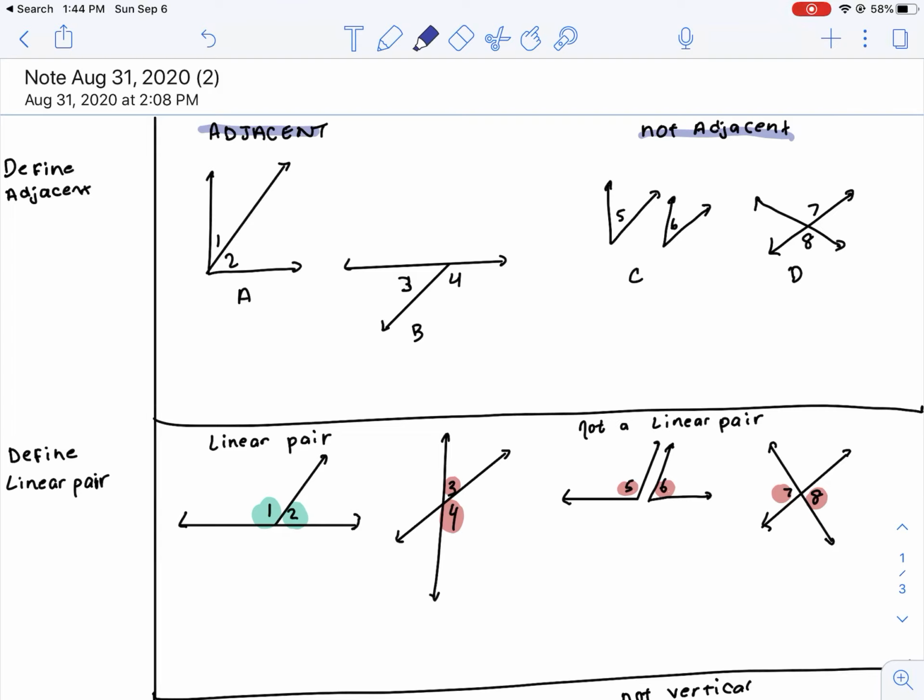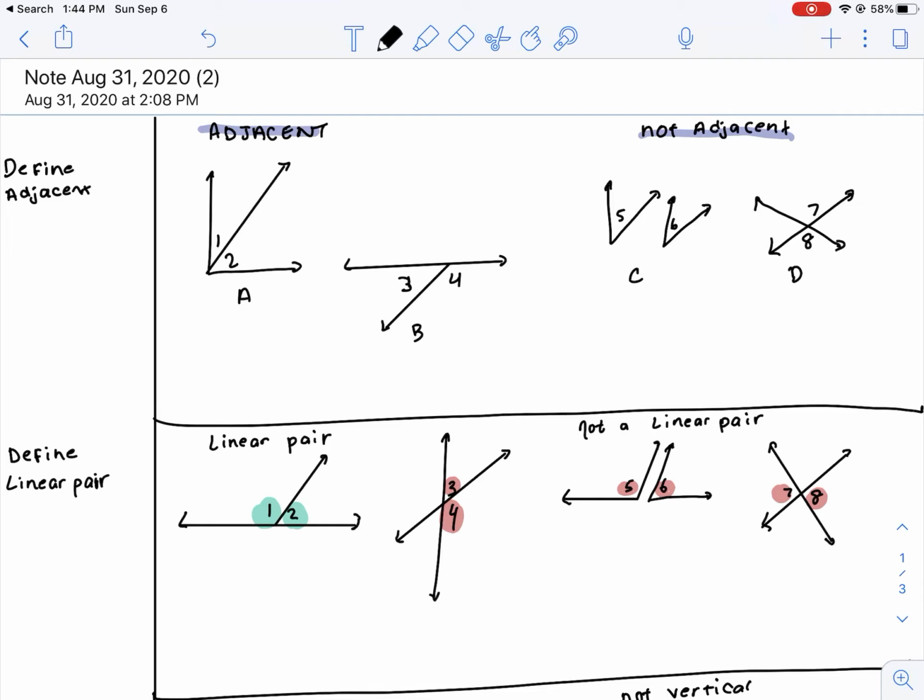What do they have in common? Yeah, they are two angles. It looks like they are next to each other. They share a common point. How about not adjacent?